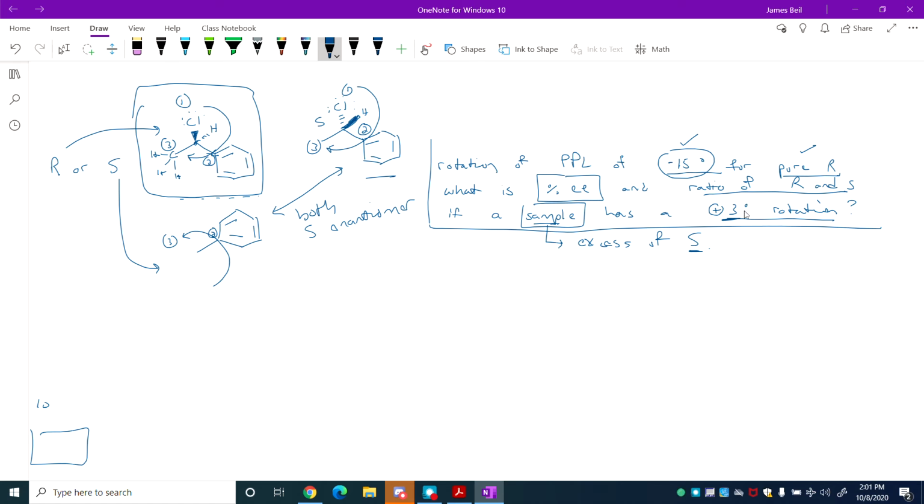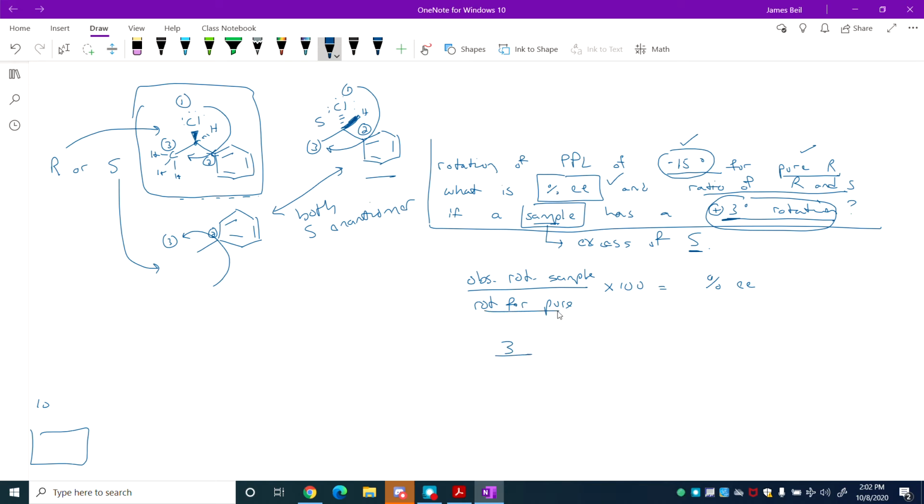I want to use that formula where I look at the observed rotation for the sample, divide that by the rotation for the pure sample, and multiply by 100. That gives me the percent enantiomeric excess. That would be the first part of the question here. I want to do that first, because before I can get the R to S ratio, I've got to get the percent EE. So the observed rotation would be 3 degrees.